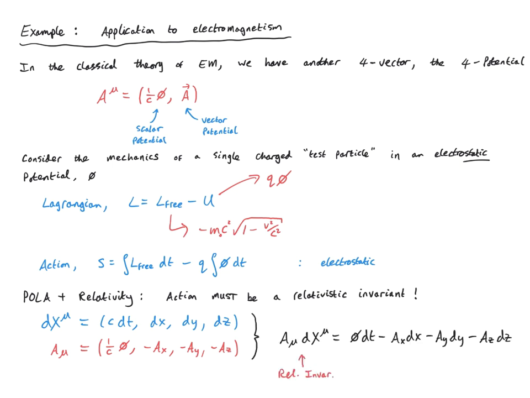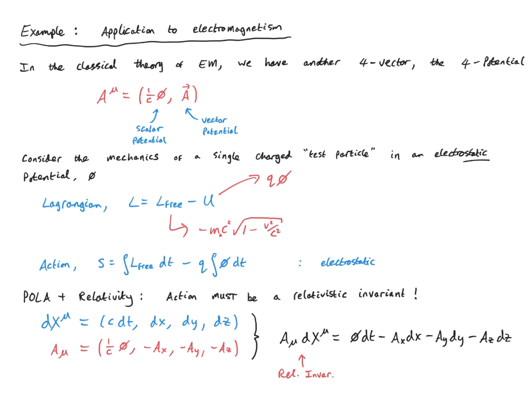I can now form a relativistically invariant Lorentz scalar product by taking the contraction of these two 4 vectors, the covariant 4 potential and the contravariant differential dx^mu. This would give me the following components: phi dt minus Ax dx minus Ay dy minus Az dz.